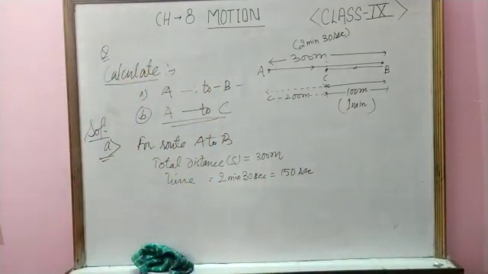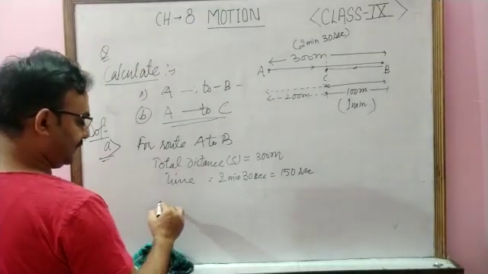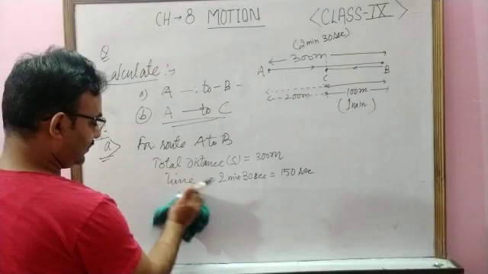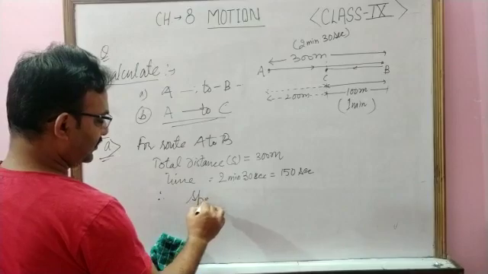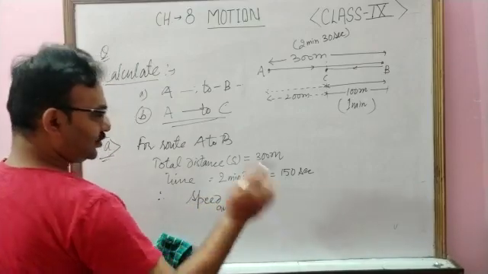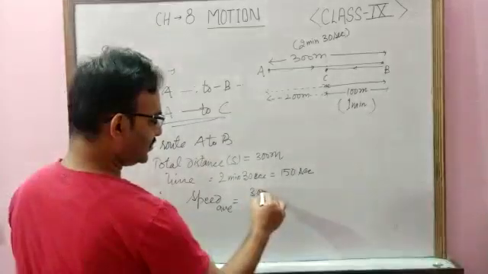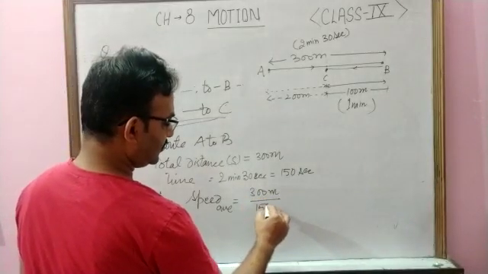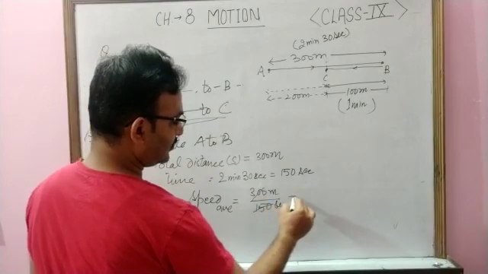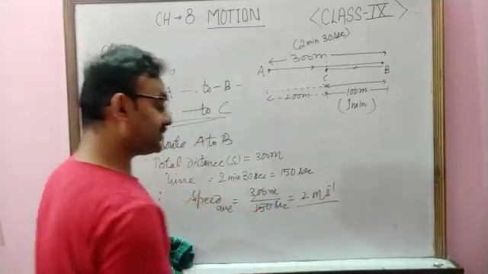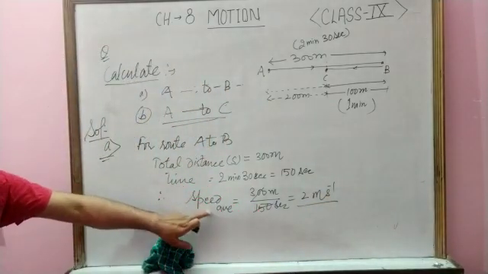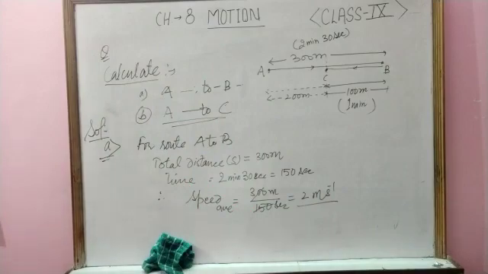Is it clear? Then you have to find the average speed. Therefore, total distance divided by time is 2 meters per second. Average speed is 2 meters per second. Clear?